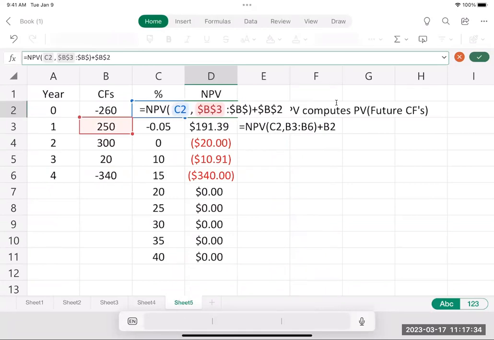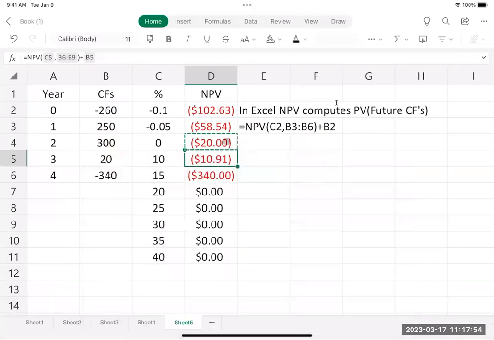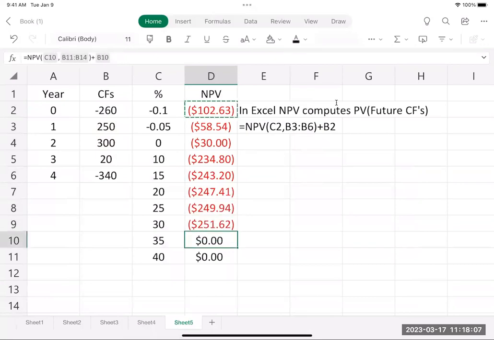So using these dollar signs, it fixes it no matter if I move this around. So let's see if I get the value. Yes. Okay, let me, whoops. Still did something wrong.